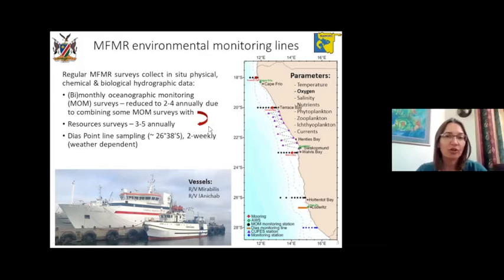But I wanted to start off by saying, being from the Ministry of Fisheries and Marine Resources, we have regular environmental monitoring that we do, focusing on physical, chemical, and biological data. And survey lines you can see here. The 18 South is one of our monitoring lines, the 20 South.